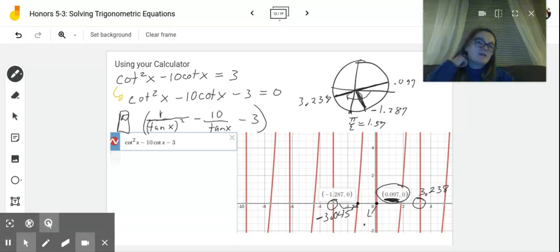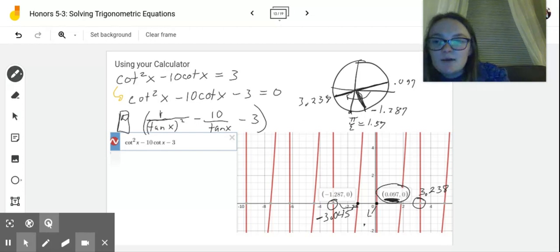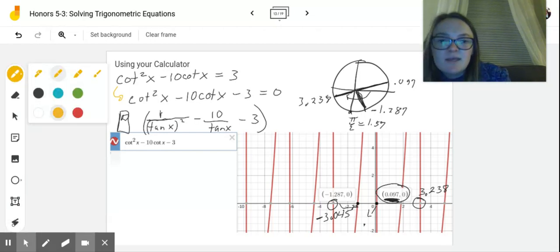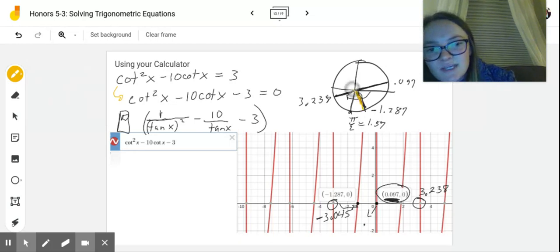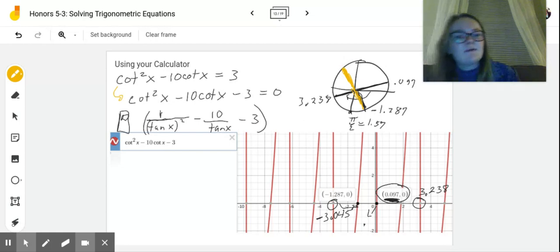Okay, so I'm going to show you how to get this solution both using Desmos and using the unit circle. The point that I'm missing is most related to negative 1.287. The reason I know this is, if I connect the diagonal here, I can create an angle that's really similar.